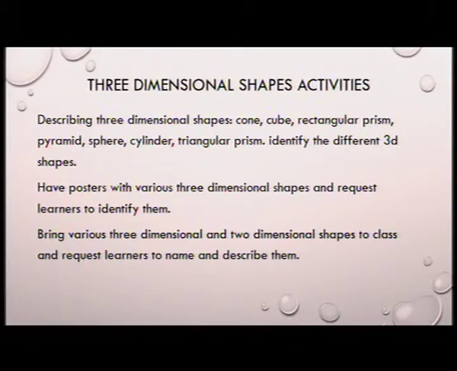Bring various 3-dimensional and 2-dimensional shapes in a class and request learners to name and describe them. This is another activity. You can bring these various objects from home. For example, these ones are 2-dimensional, 3-dimensional, and then you tell the learners, please look at these shapes and tell me which ones are 2-dimensional, which ones are 3-dimensional, and so on.